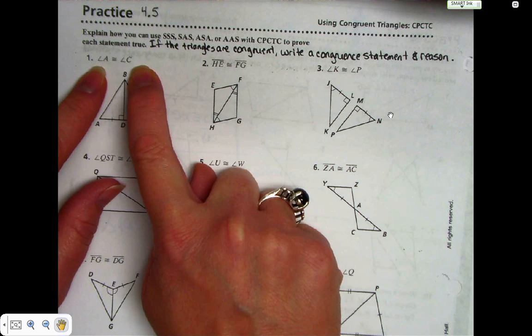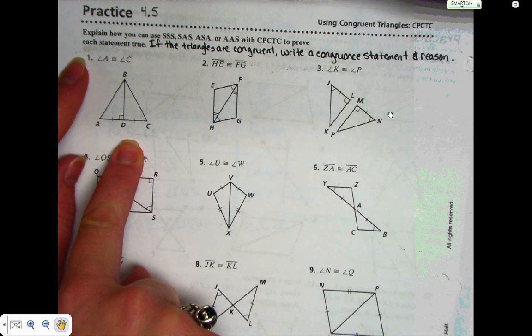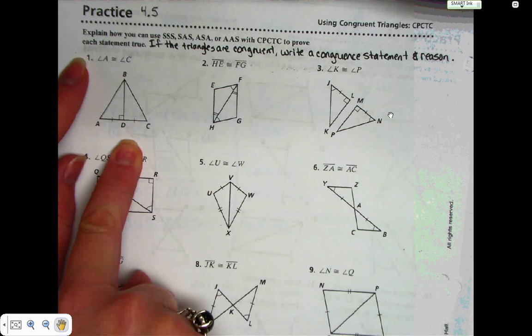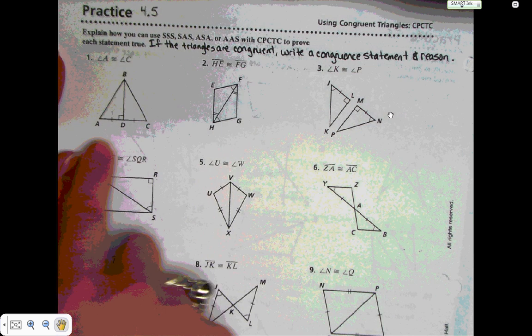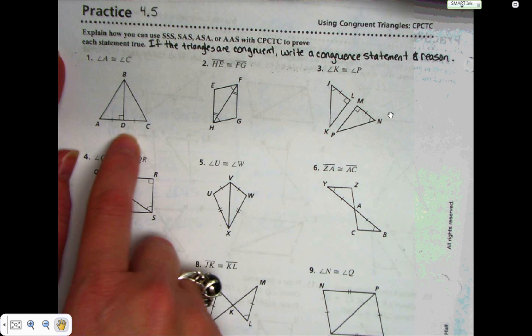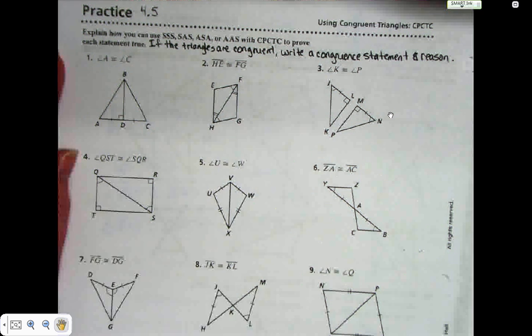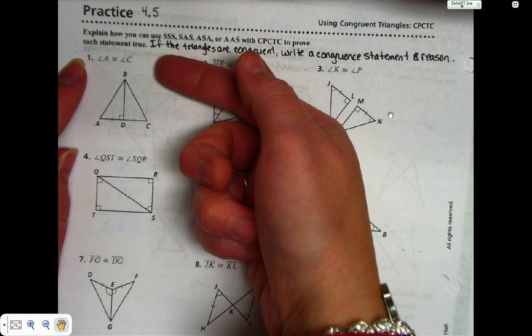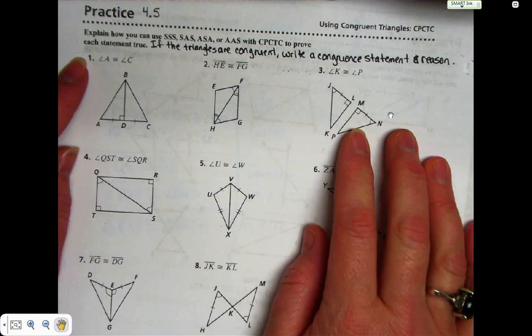Okay? So I need to know, first of all, are these triangles congruent? And are these 2 triangles congruent? Number 1. Are these? Yes, by what? Side angle side. So you would write triangle ADB is congruent to triangle CDB by SAS. And then this right here would follow suit with CPCTC. So really you're just stating the triangle's congruent if they are.